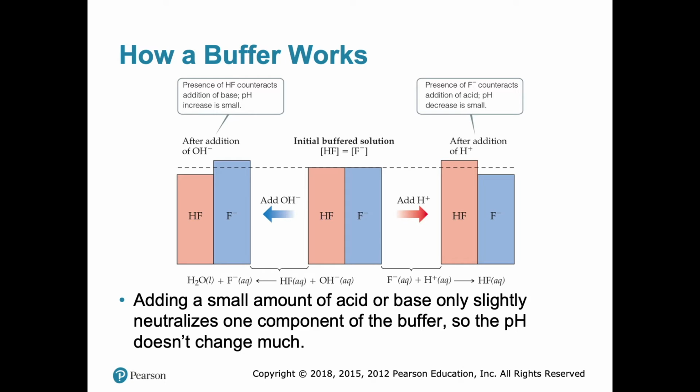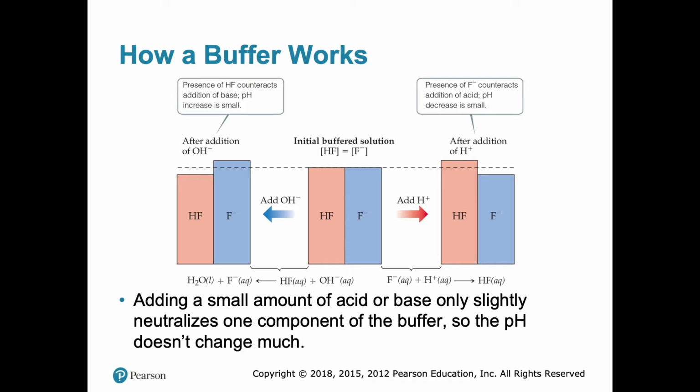And it happens the same way on the other side too. Again, we have a concentration of hydrogen fluoride, and then we have the fluoride ion. But if you add in some hydroxide, then the hydroxide will pull off the proton from hydrogen fluoride, making water and making more fluoride ions, but neither water nor fluoride ions actually increases pH.